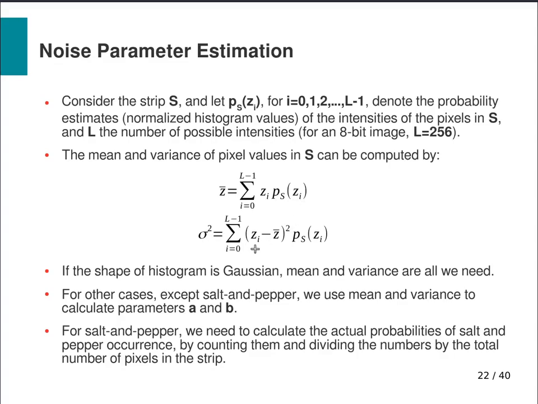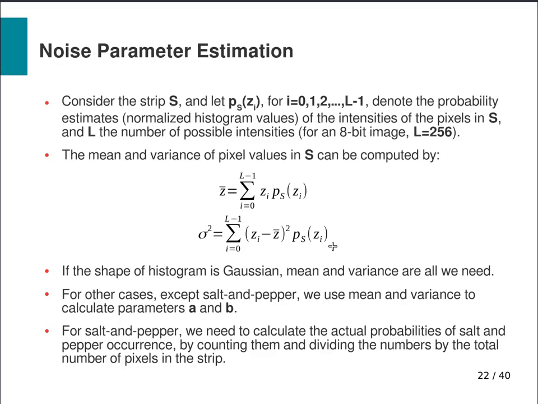The variance is the summation of (z_i minus z bar) squared multiplied by the probability of intensity z_i. If the shape of the histogram is Gaussian, then mean and variance are the two parameters that you need. For other cases, except salt and pepper, if we know mean and variance, you can calculate parameters a and b for those types of noises.